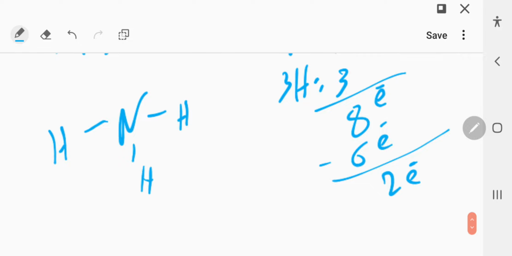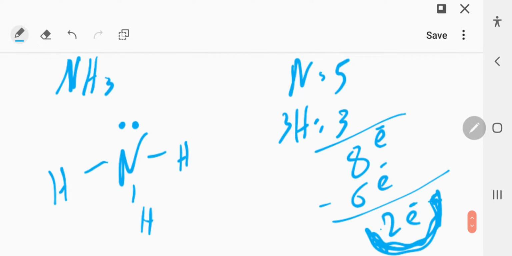So what do we have to do with the 2 electrons here? In this case, guys, if all the atoms around the central atom are stable, even if they follow the octet rule and contain 8 electrons, and we still have electrons, we put the electrons over the central atom.